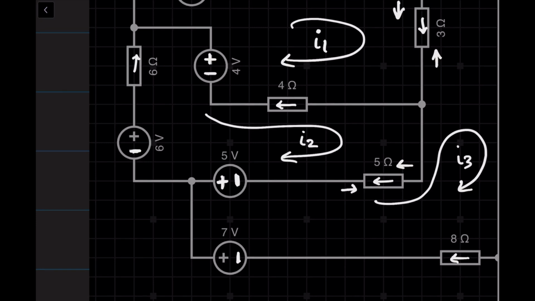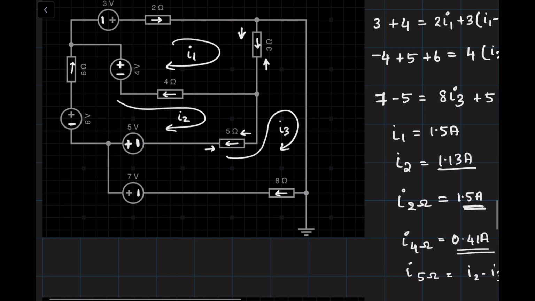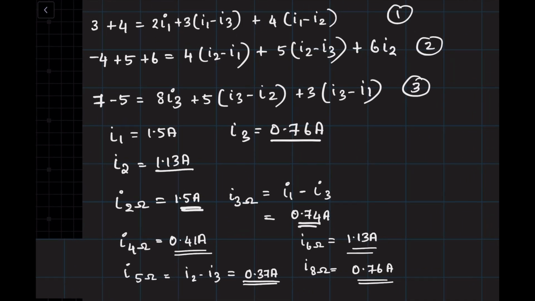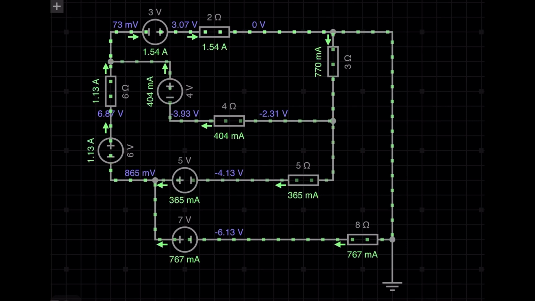Okay, now let's compare these values. For that, let me show this page. You can write down the values of the current flowing through each resistor, which is I2, I3, I4, I5, I6 and I8, and let's compare with the simulation results. Here you have the simulation for the circuit which we have done right now, and just check the values of the current flowing through 2 ohm, which is 1.54 ampere, which we have got.